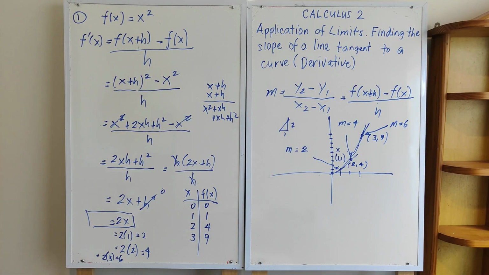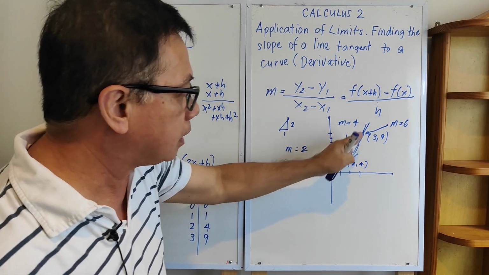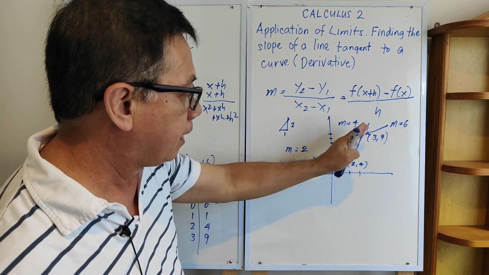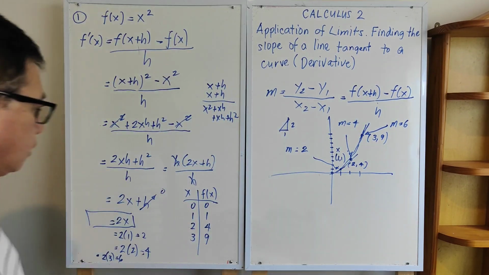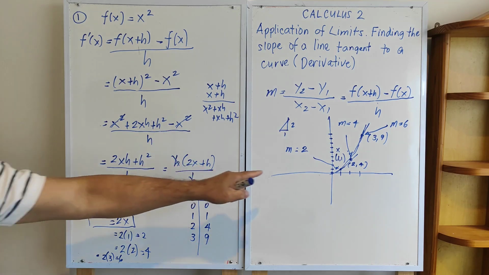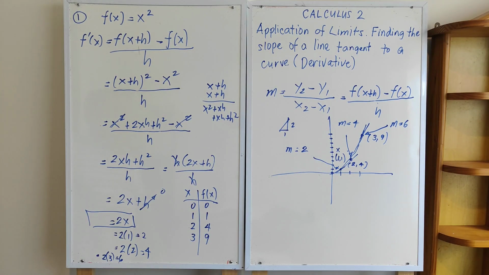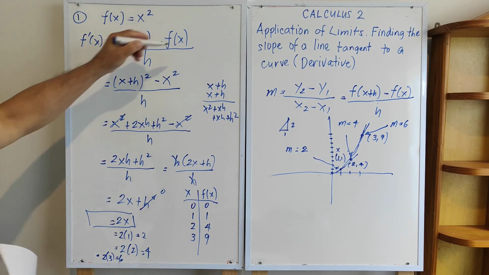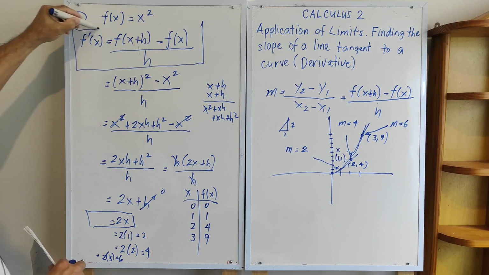So each point has a different slope, and using this general formula, we can get the slope at any point, and we were able to get this because of the formula that we have, the difference quotient, which is this. We use this.